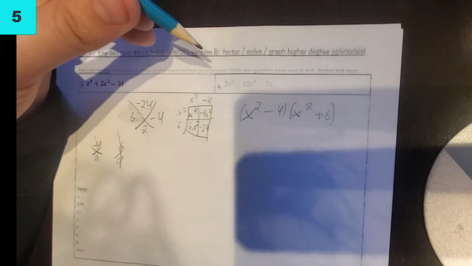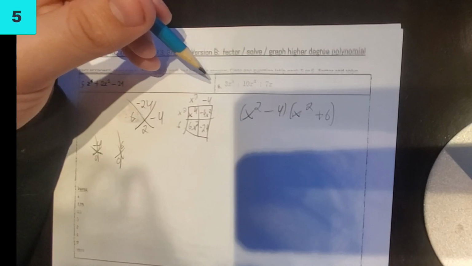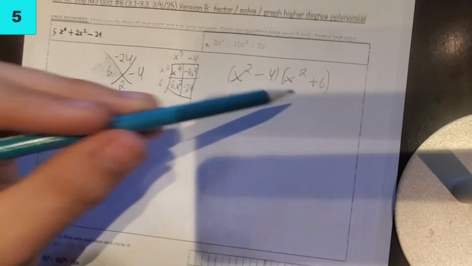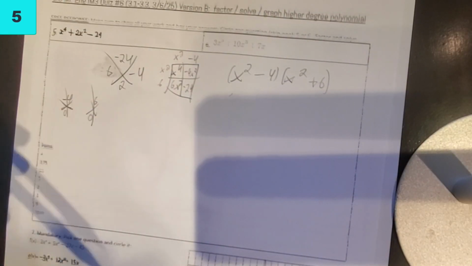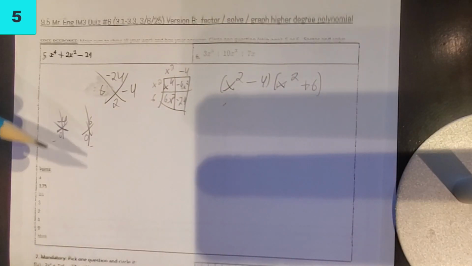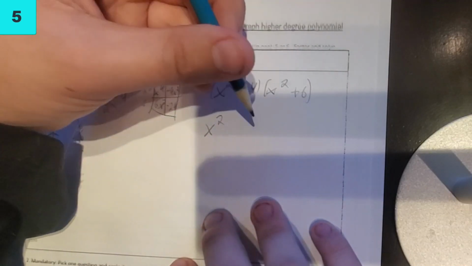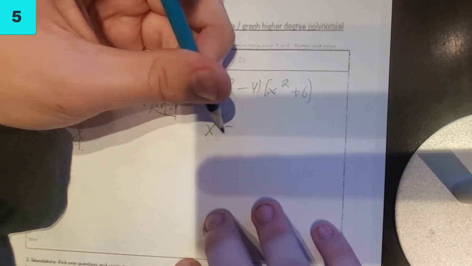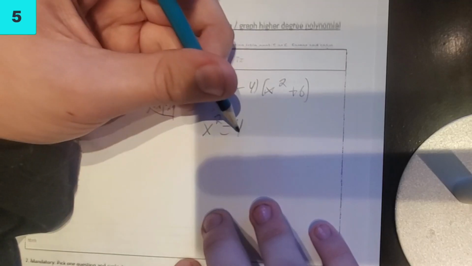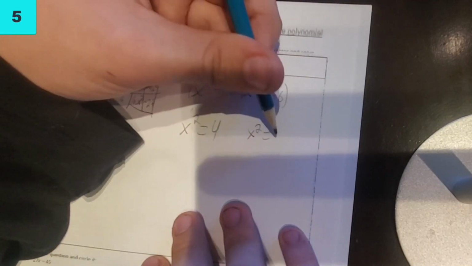So these two are both prime factors, as we found here and here. So what we need to do is figure out what the squared zeros are, and that means that x squared equals 4 and x squared equals negative 6.